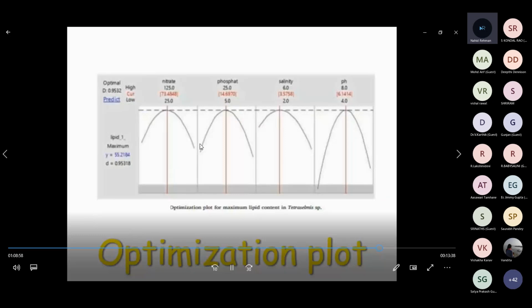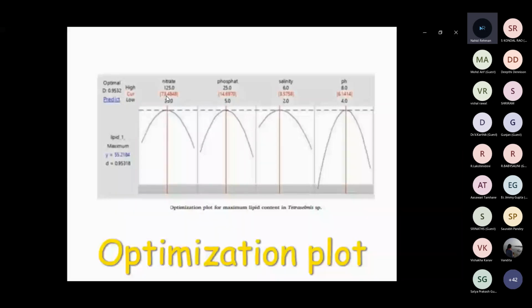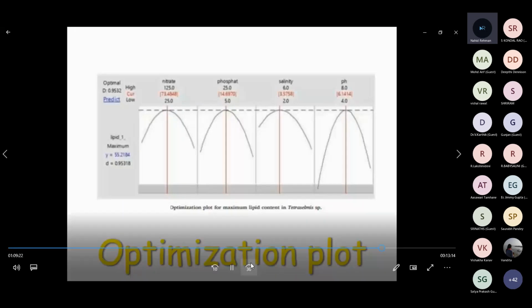And then when you go for the optimization plot, it gives you the exact value of the optimized point of all the variables. So these optimized values give you the point or the values which you use for the validation study, like you did in the previous experiment.